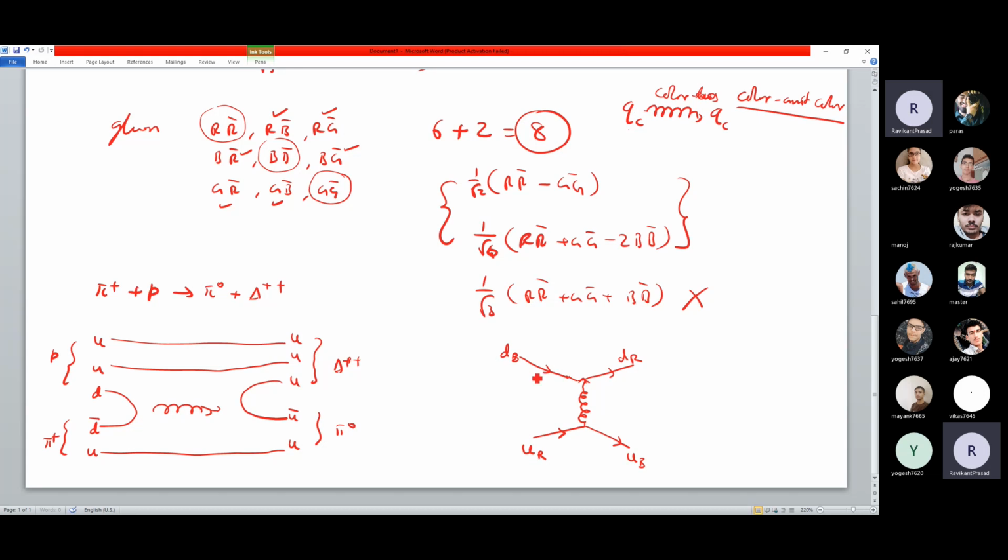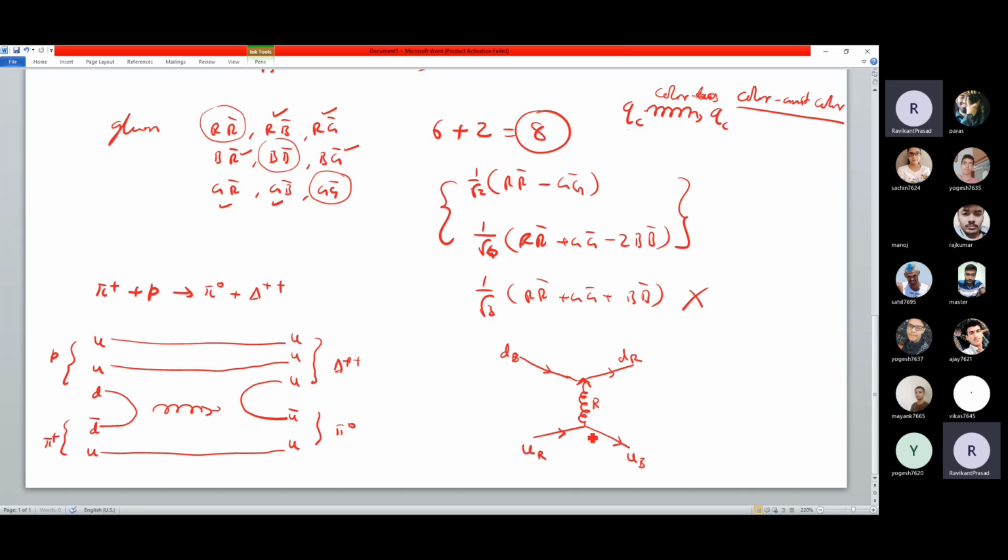This red has been given to the D. This red color has been given to the D. So red is removed. So this UR is removing the red color from itself. So it is giving a red color, means it is passing the red color to the D. But it become a blue. When it is passing a red, it become a blue. So what could happen? Means the gluon is exchanged from here to here.